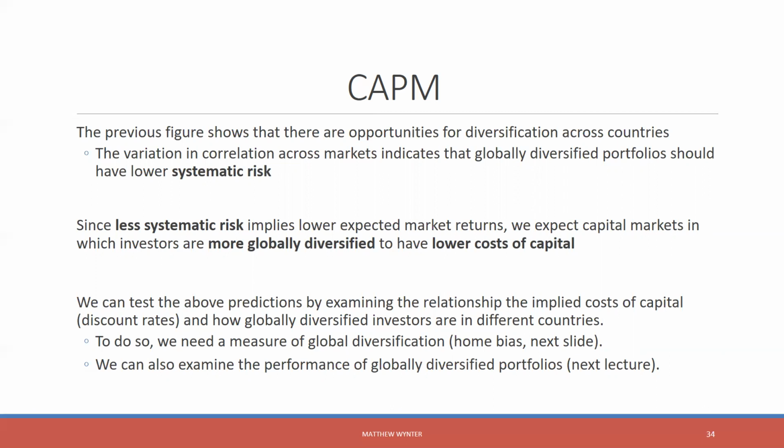We can test this prediction by examining the relationship between the implied cost of capital, discount rates, and how globally diversified investors are in different countries. To do this, we'll need a measure of global diversification. So we're going to use the home bias, which we'll explain on the next slide. We can also examine the performance of globally diversified portfolios, which is what we'll do in our next lecture.